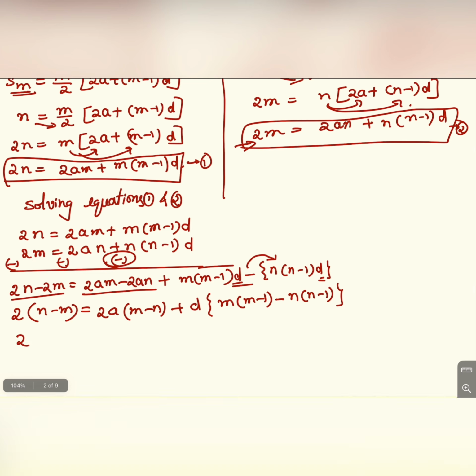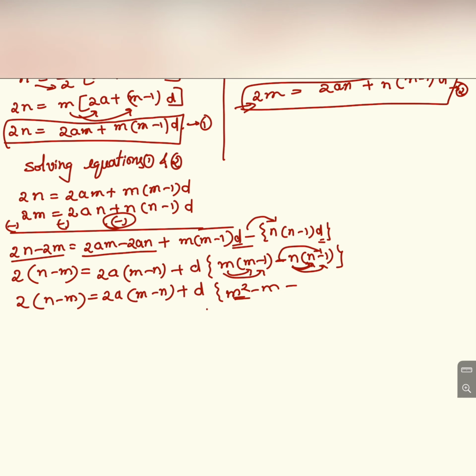Now 2 into n minus m is equal to 2a into m minus n plus d into, multiplying with m to both the terms, m square minus m, then n into n is n square, then minus into minus is plus, n into 1 is n.